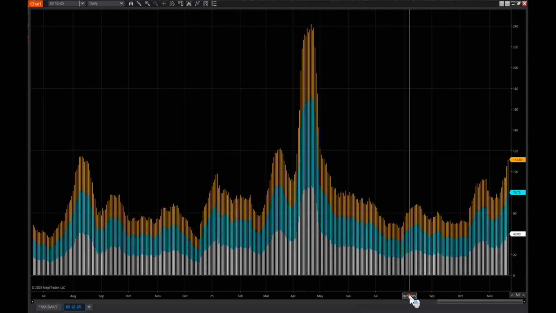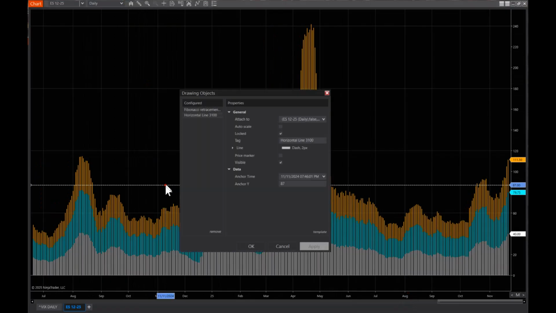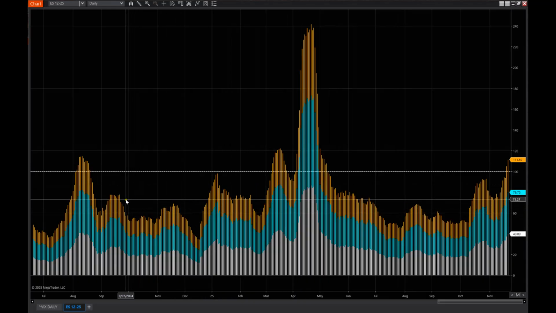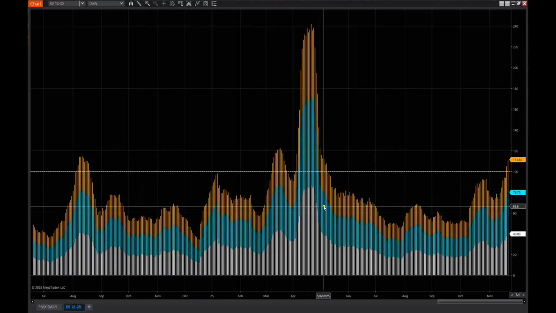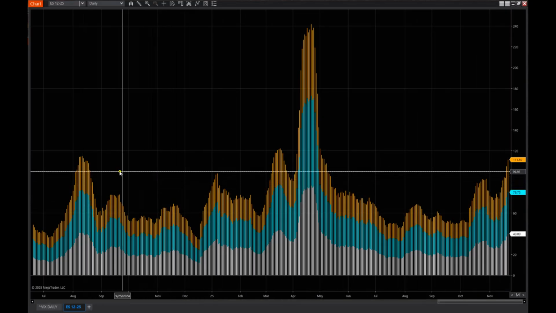And historically, if you want to scrunch your chart to see what happens at 100 points, you can see most of the time, all year, it mainly stays below 100 points a day.